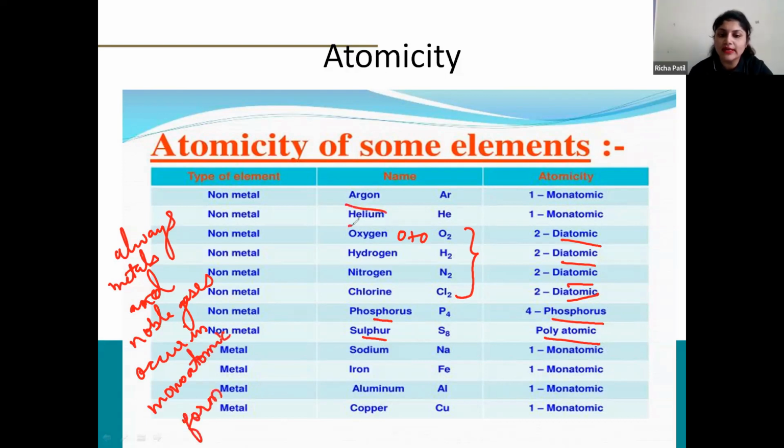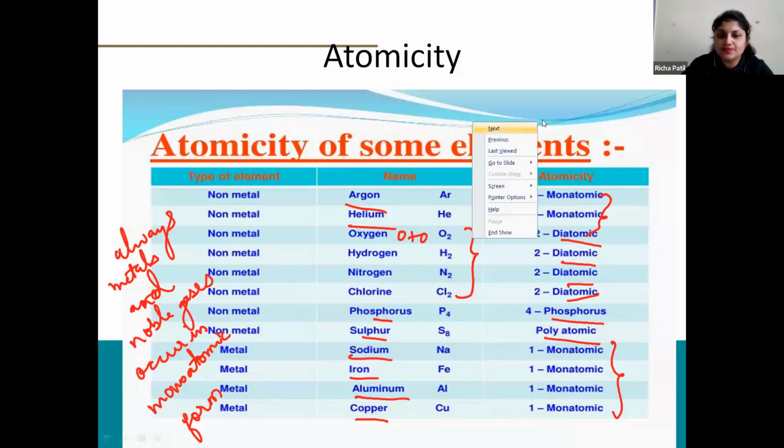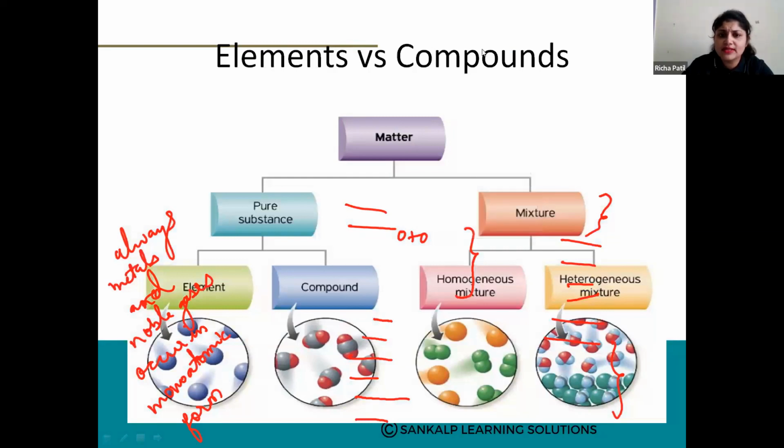So argon, helium, then the metals like sodium, iron, aluminium, copper, these are all monoatomic. Most of the non-metals form diatomic or polyatomic forms. So atomicity tells you the number of atoms present in the molecule. These are some of the examples.